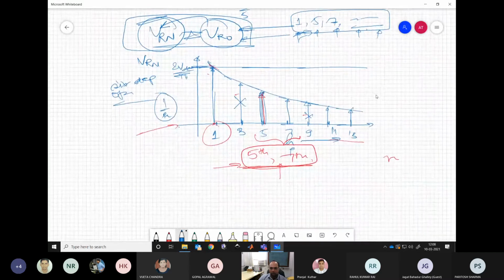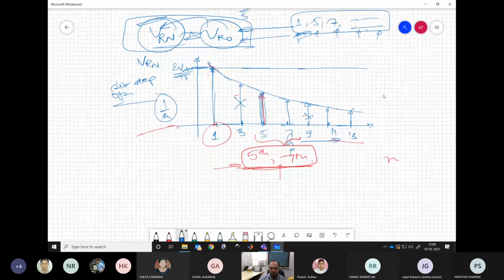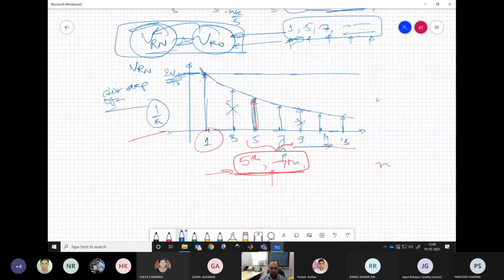So then we saw that ultimately, in any system, let us say we have a set of harmonics available and their amplitude goes in this fashion, 1 by nth, where n is the harmonic number. So every time we have any harmonic, it is automatically 1 by nth of the fundamental.